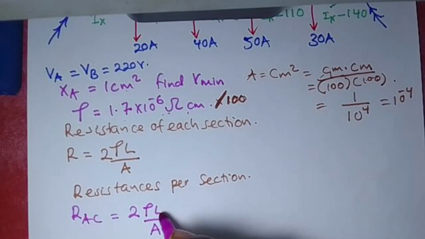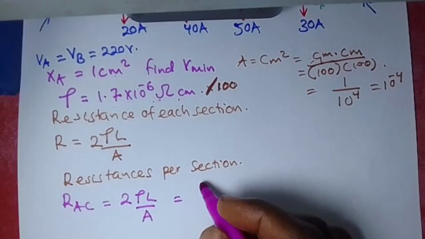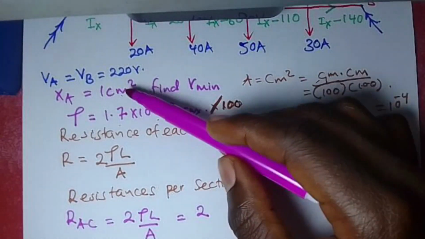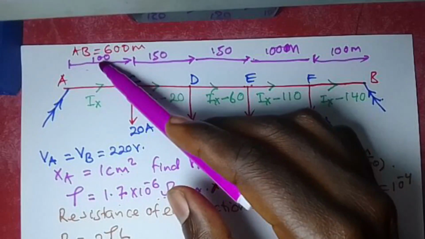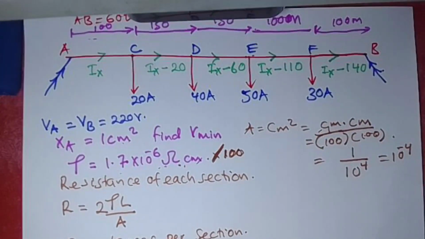Not so? Like that. So that is going to give me 2 times my resistivity. I can leave these values since they are both in centimeters. I just change my value for the distance across these 2 meters from meters to centimeters.